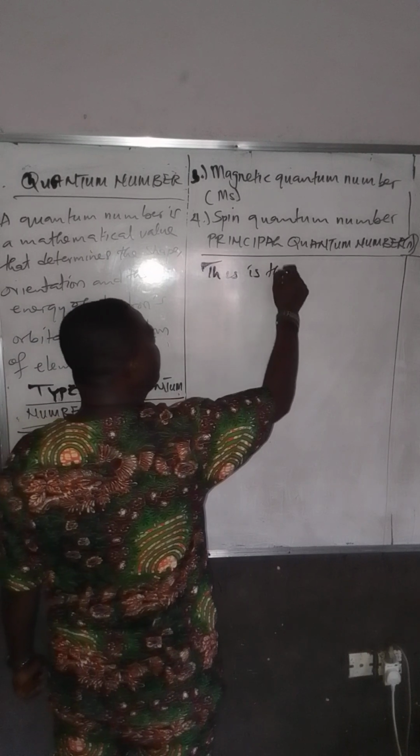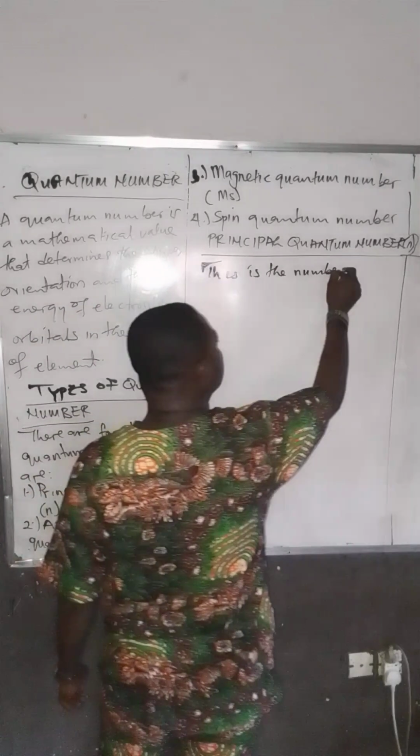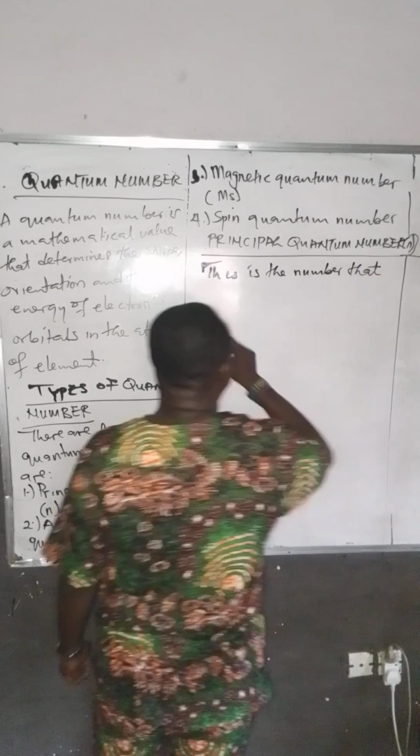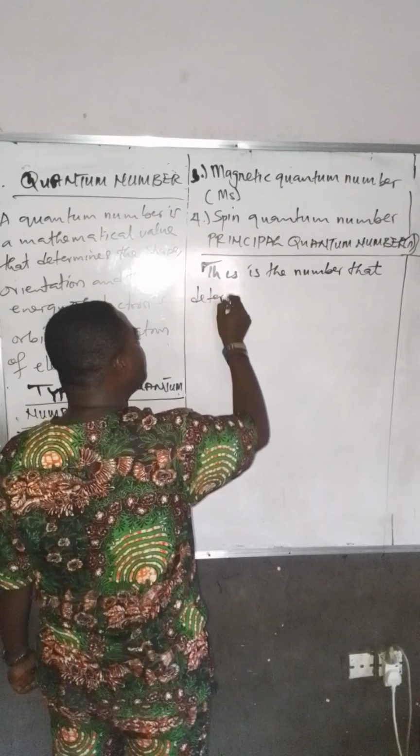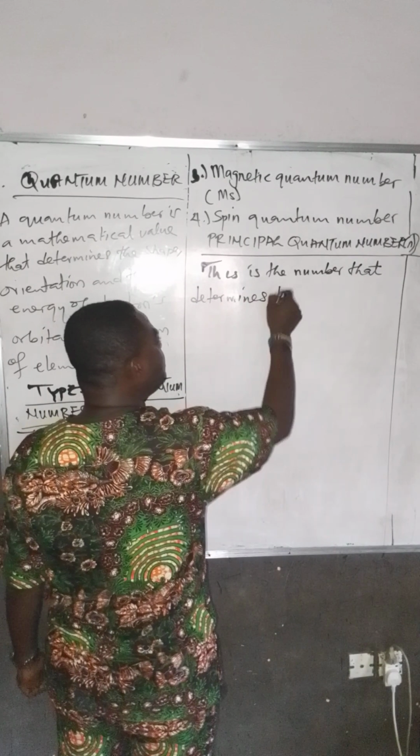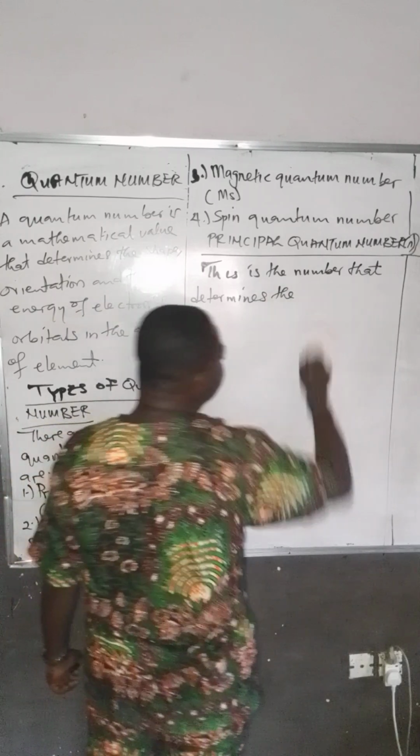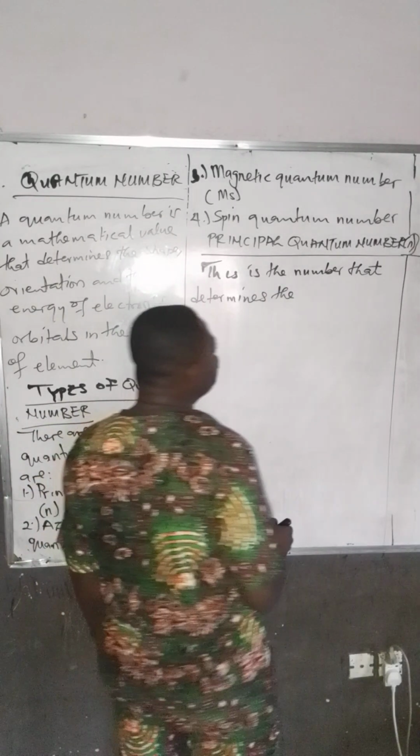This is the number that determines 2 things.